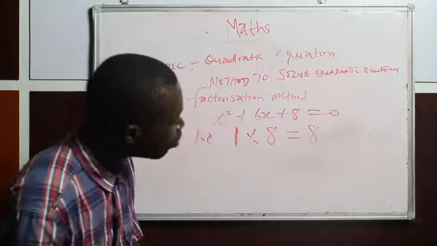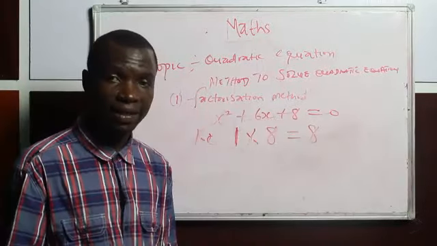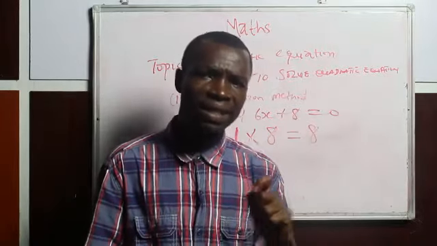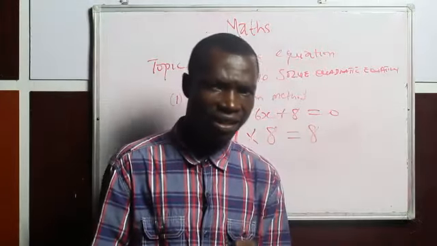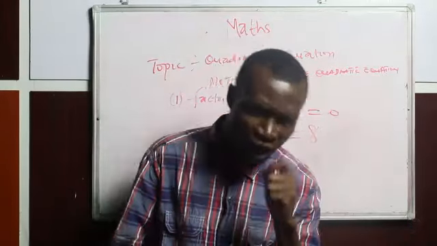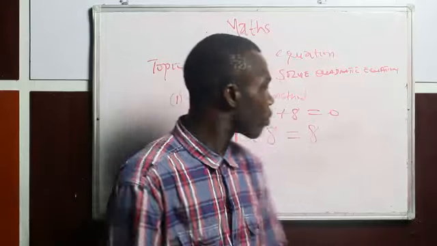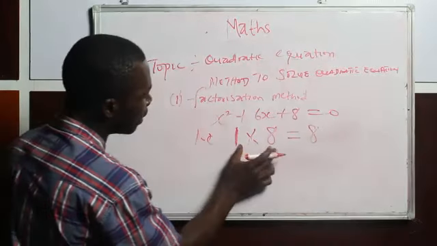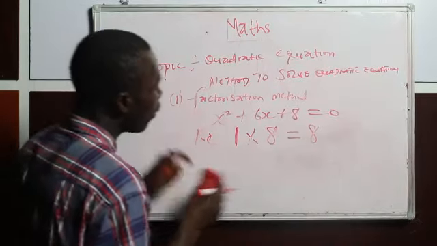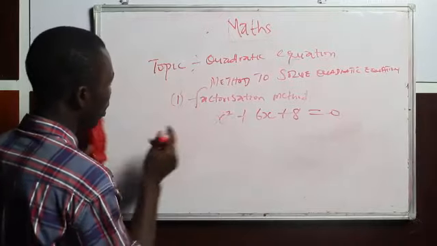Find the factors of 8 to replace 6x. That will enable us to find the value of x using the factorization method.